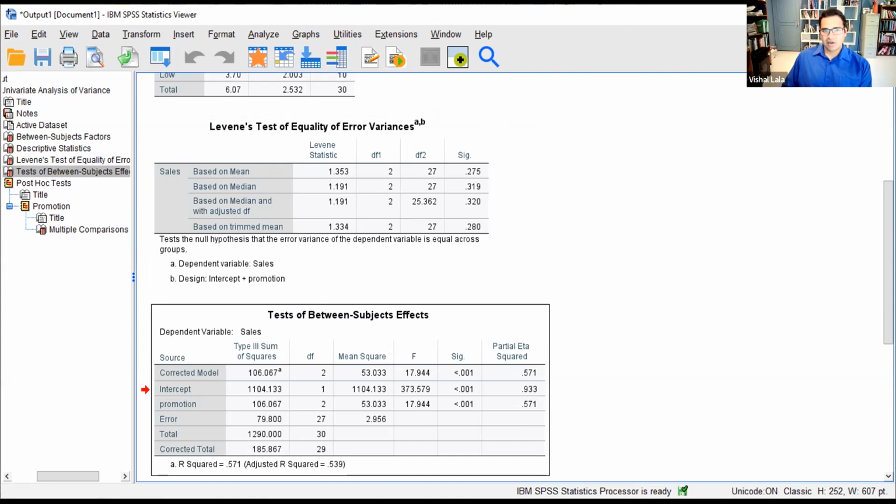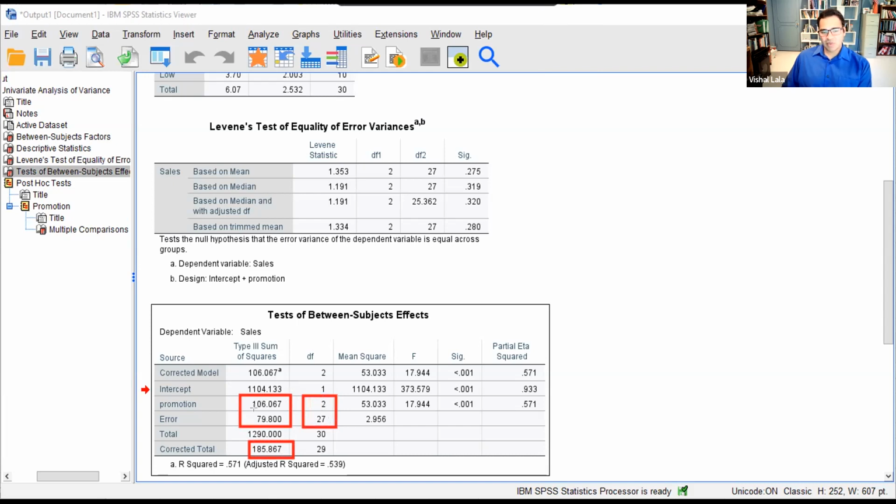We can see here we have a couple of numbers provided to us. One of them is a type 3 sum of squares. We have one for promotion, one for error, and one corrected total. We also have some numbers for degrees of freedom.